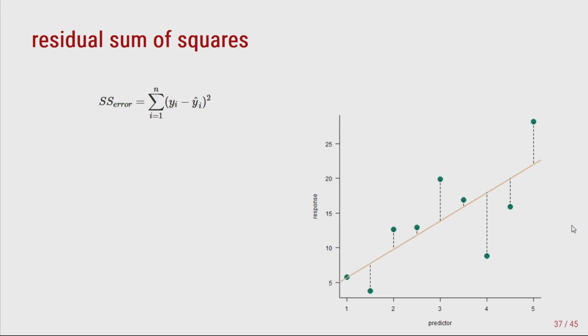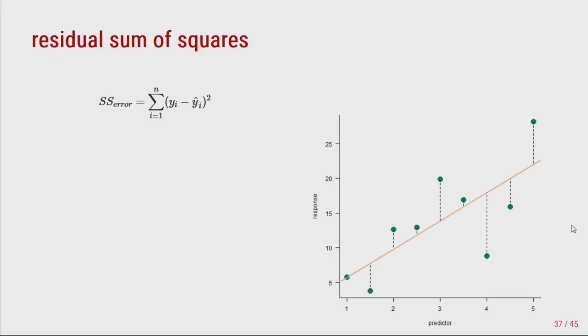We can calculate the residual sum of squares, and since the residuals are the distance between the data and the predicted curve, the way we do that is comparing every data point to the expectation for that data point.